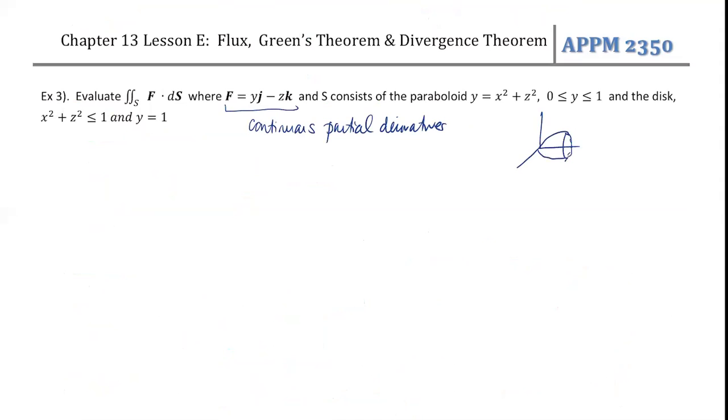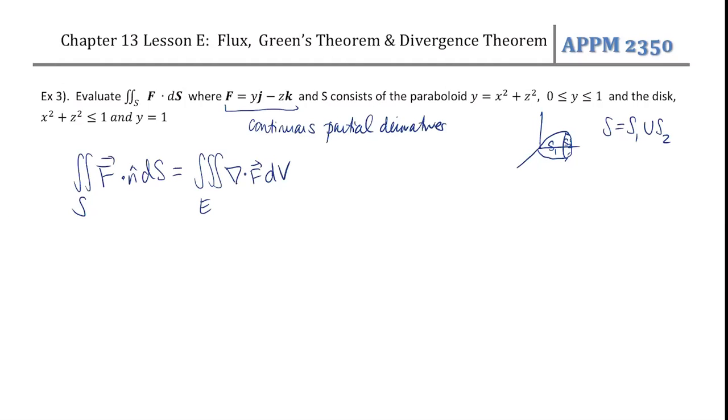So this tells us that the net outward flux through this whole surface, and I'm going to call the surface S the union of S1 and S2, meaning S1 was the bowl, S2 was the lid, S is the whole thing. The net outward flux, we could use the divergence theorem and instead integrate the divergence over the interior, just the inside of the bowl.